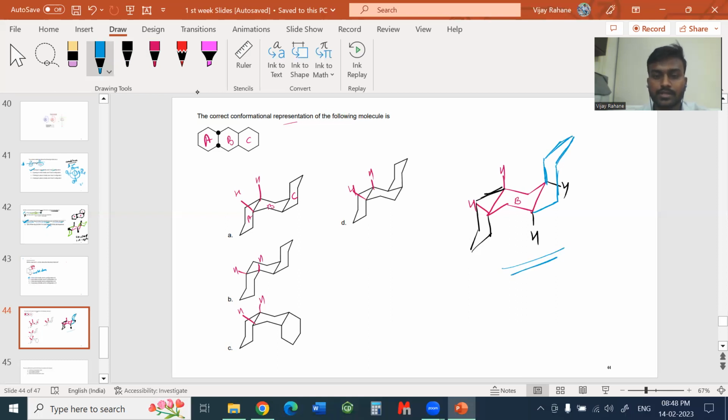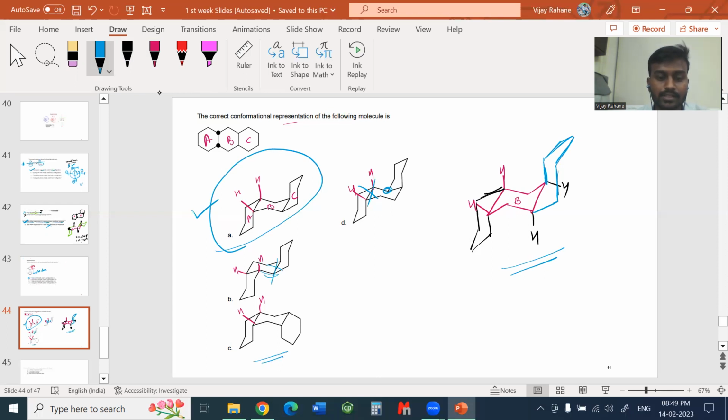So which is the correct one here? Comparing, this A structure is the correct one. This is wrong, since it has the C here, though they have not given any keep in between, right? So this one is obviously wrong by default. In this one also, the C is attached to the adjacent carbon, so it's wrong.